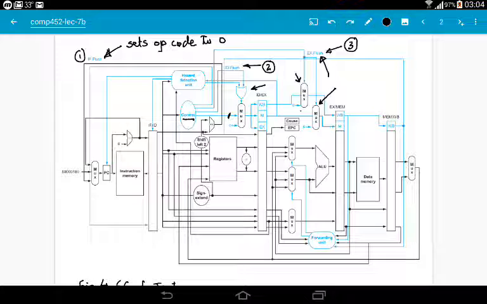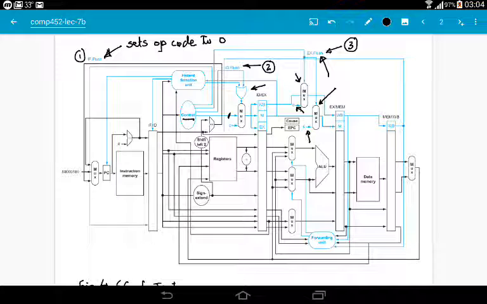In other words, it will not write any register in the register file, and it will also not write the data memory. This is where we are setting the control signals of the memory stage to 0, and this is where we are setting the control signals of the write back stage to 0.